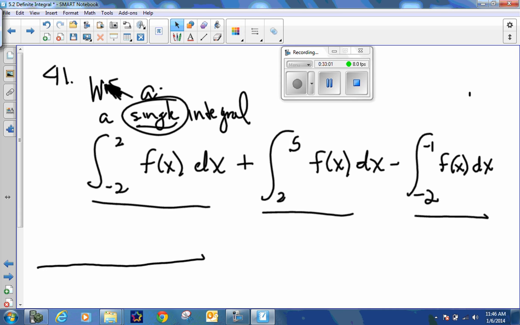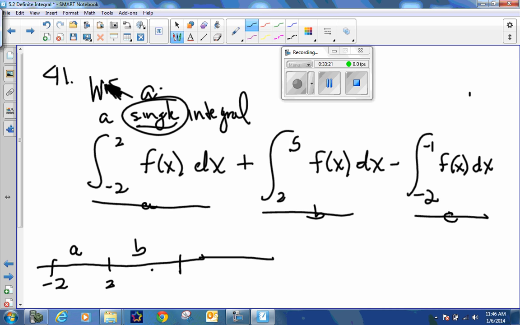I've got -2 to 2 covered by what we'll call area A, and 2 to 5, which we'll call B. Then we're subtracting -2 to -1, which we'll call C, and I'll put that in a different color. That -2 to -1 would go right here.